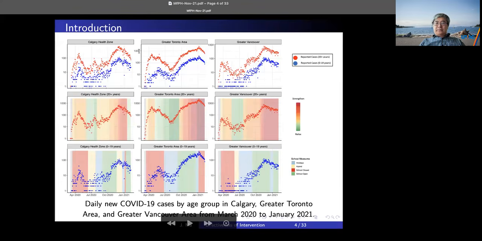Please keep in mind that the vertical scale is in log scale, and the horizontal is linear. If they're parallel, that means the ratio is roughly constant. And you can see that in most of these periods, the curves are roughly straight lines.